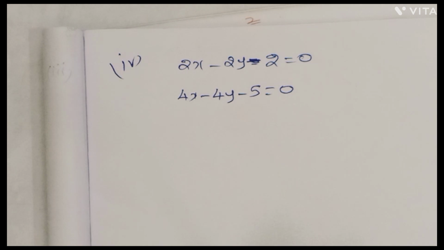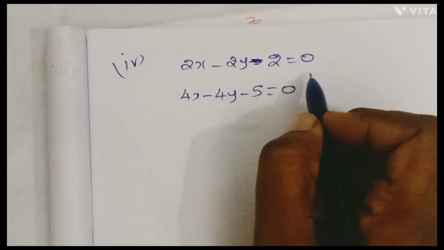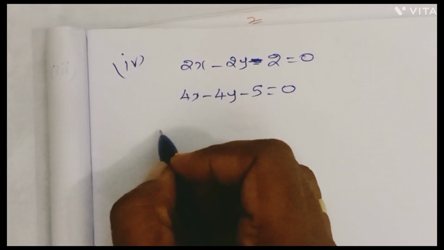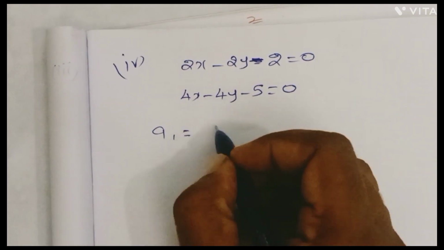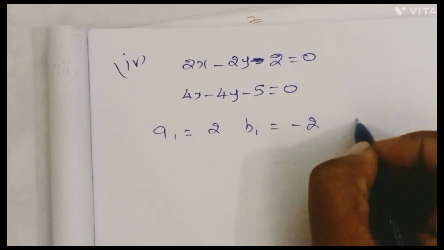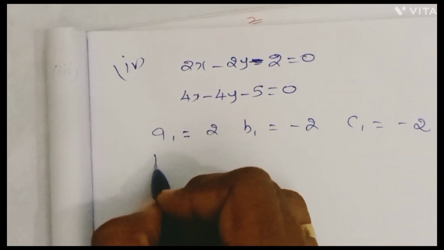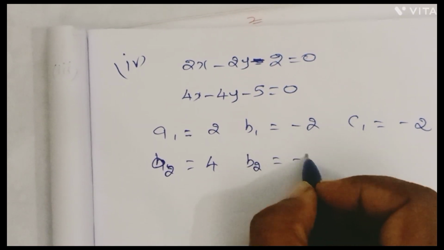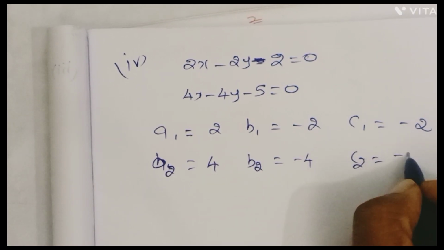Fourth subdivision. 2x minus 2y minus 2 is equal to 0. 4x minus 4y minus 5 is equal to 0. So here a1 is equal to 2, b1 is equal to minus 2, c1 is equal to minus 2. a2 is equal to 4, b2 is equal to minus 4, c2 is equal to minus 5.